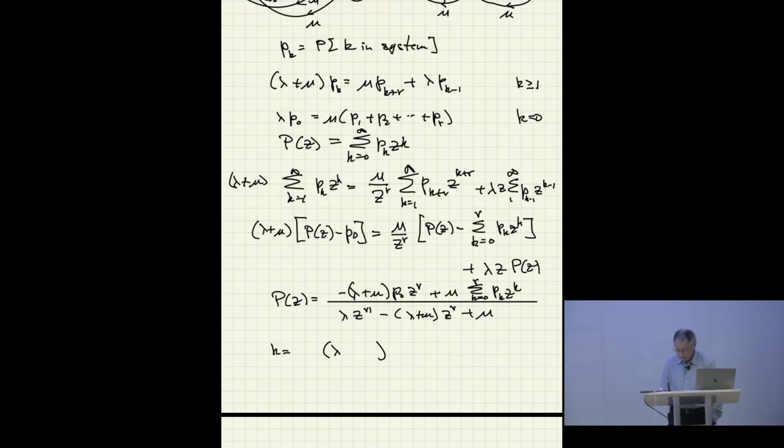You'll see what I'm going to do. P0 says lambda P0 is equal to mu times the sum from 1 to r of little pk.